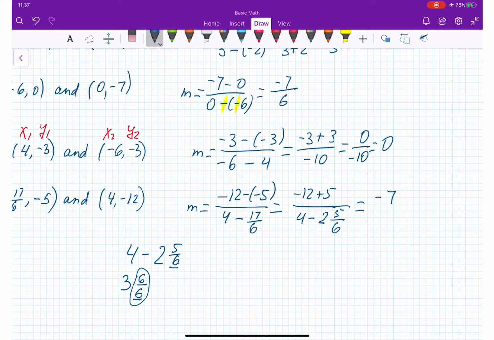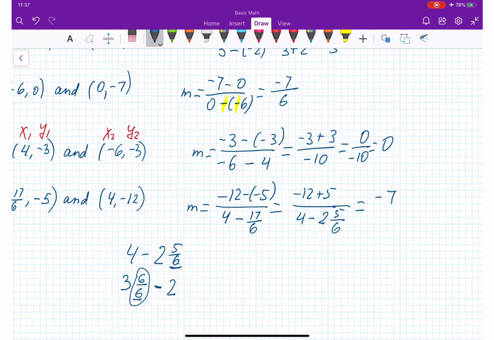So if you put them together, 3 and 6 over 6 is 1, you get 4 anyway, right? So I borrowed 1 and represented it in the format of a fraction that is still 1, but using this denominator 6, so it would be easy to work with. And again, you can watch the video on how to do that.